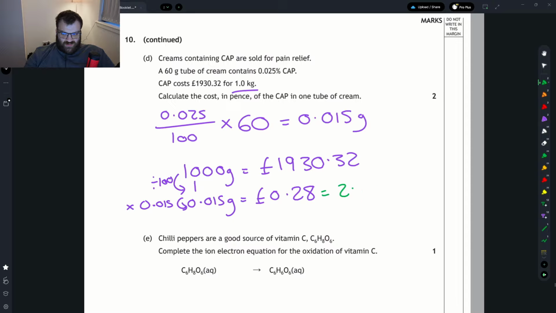So again, you don't get 0.8 of a pence, so rounding it to 3 pence. Do they accept that? Just brought up the marking scheme there. It's talking about wanting the nearest correct monetary unit. So 2.8 pence would be 3 pence. We have to put it in pence because it says up there for that one.